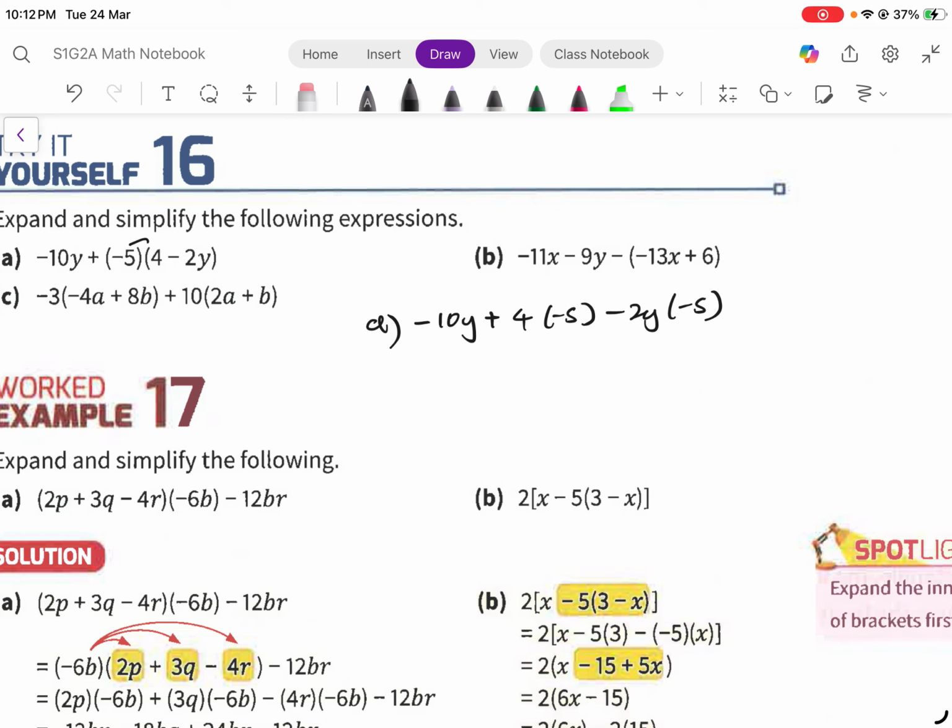Okay, so I get minus 10y, right? So plus minus will give me minus 4 times 5, 20. Then minus minus plus we'll get plus 10y. Okay, so minus 10 plus 10, same term, y is 0, so you get minus 20 left.